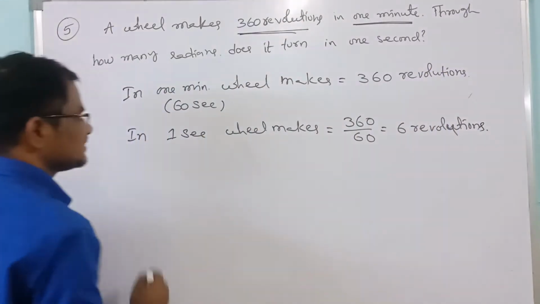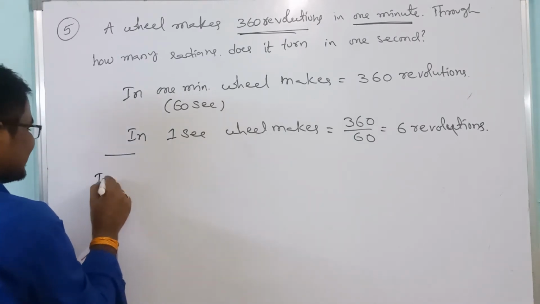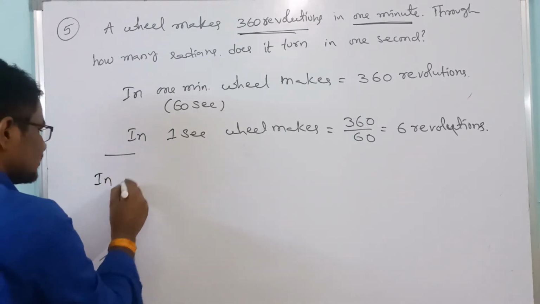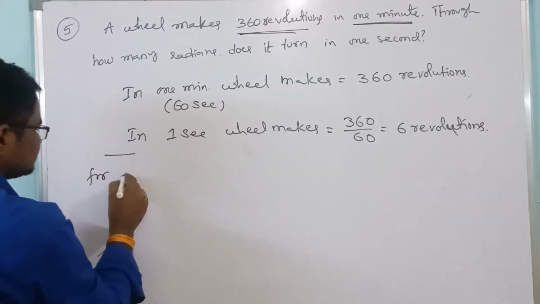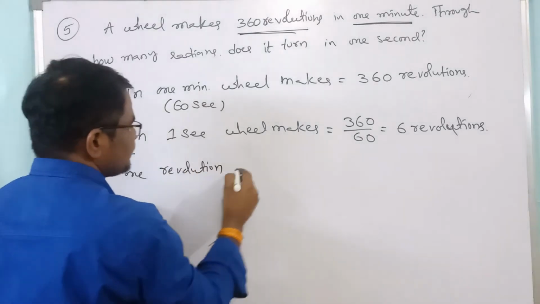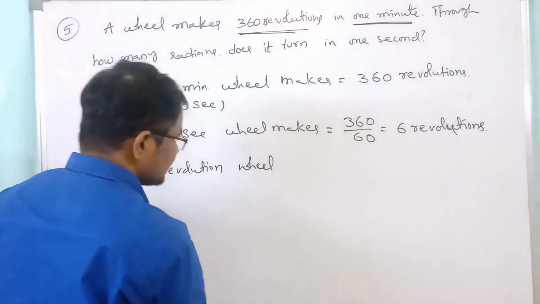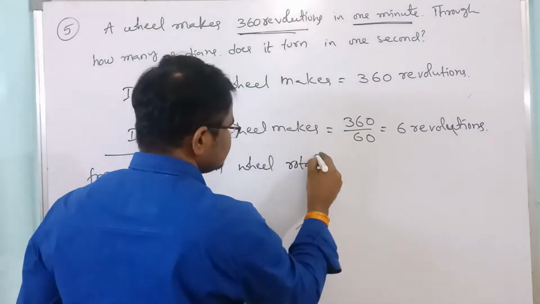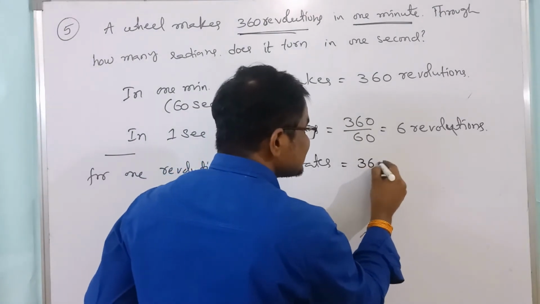But we know that for 1 revolution, the wheel rotates 360 degrees.